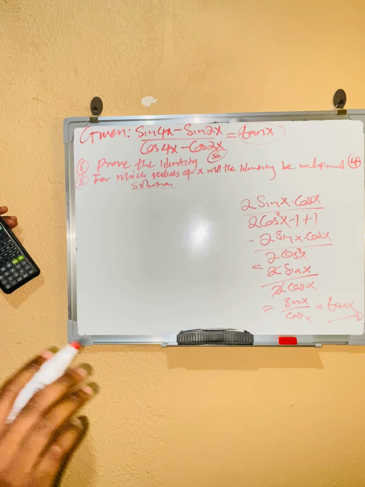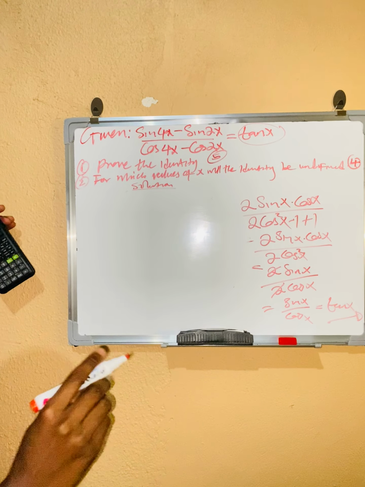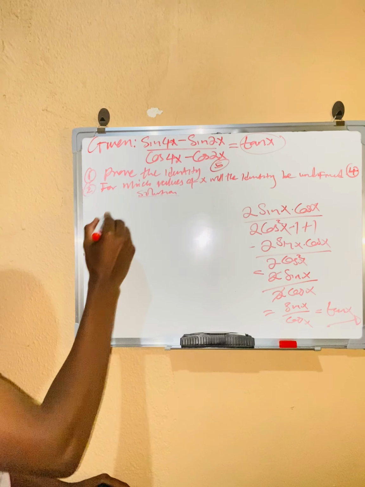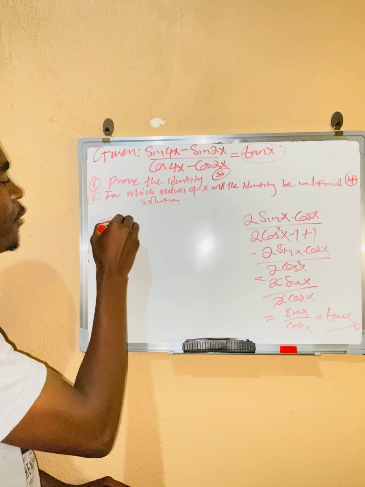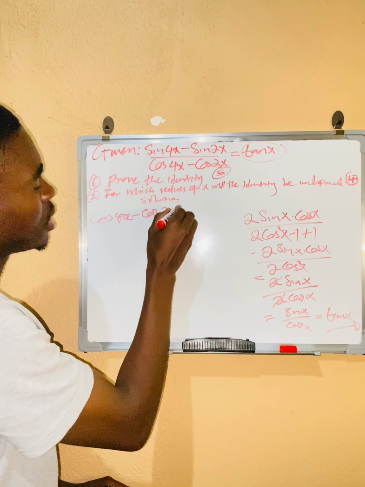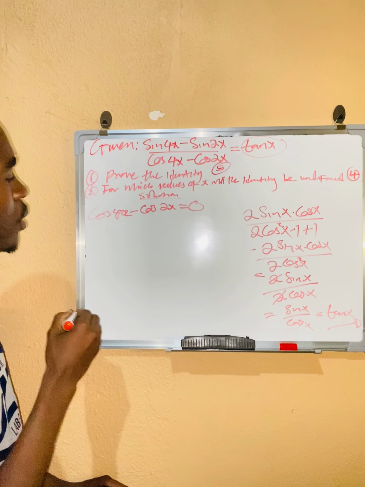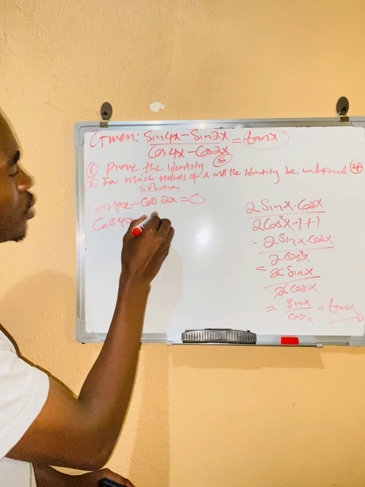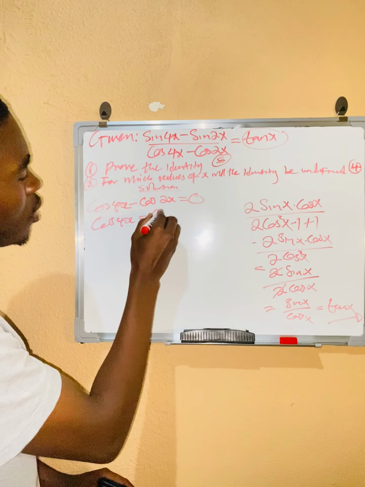If we have to find the values of x where this identity is undefined, we're going to focus on our denominator. It means our denominator must be 0. So we're going to say cos 4x minus cos 2x equals 0. Now we're going to transpose: cos 4x equals cos 2x.